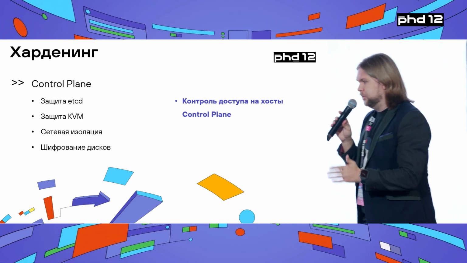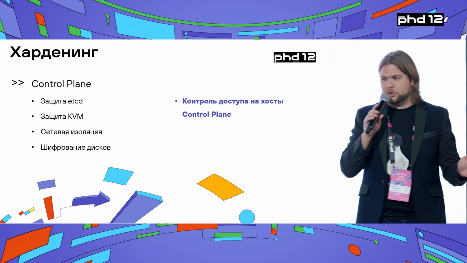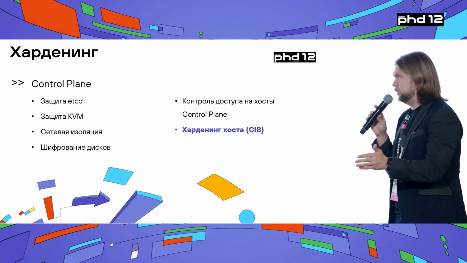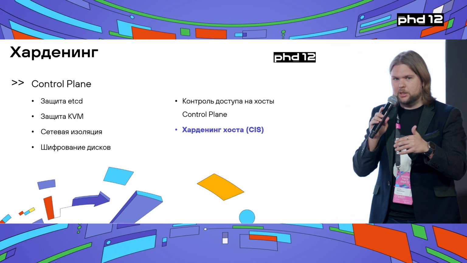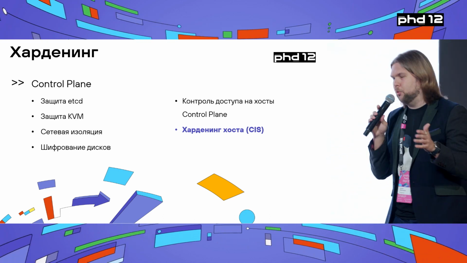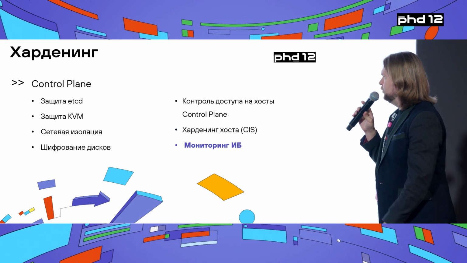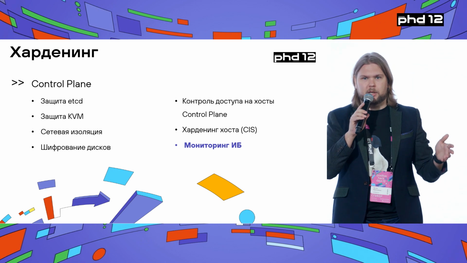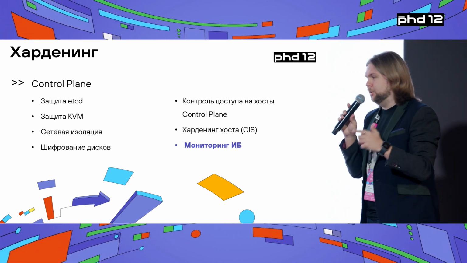So you should let in only some dedicated admins, and they should be identified using SSH keys stored in hardware tokens. We should deploy the hosts using various configuration standards for security, and you should also cover all this with security monitoring, like OSquery or something else.